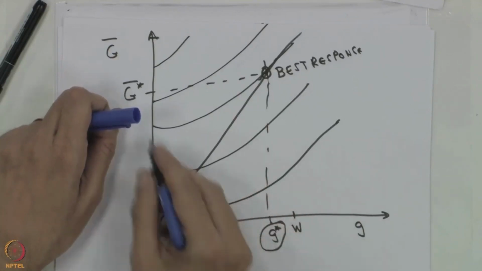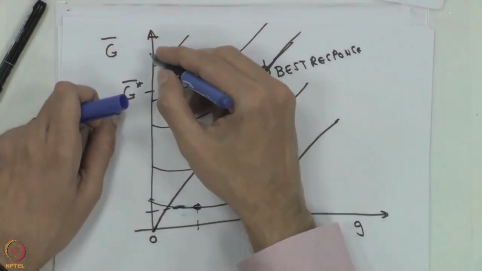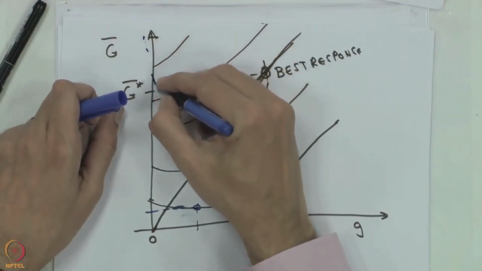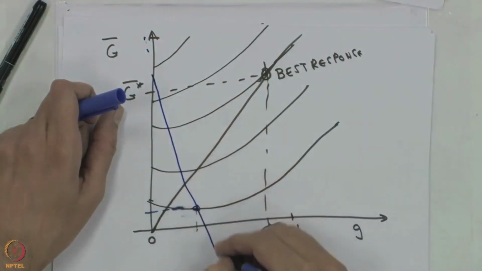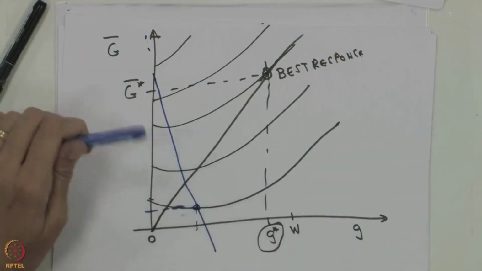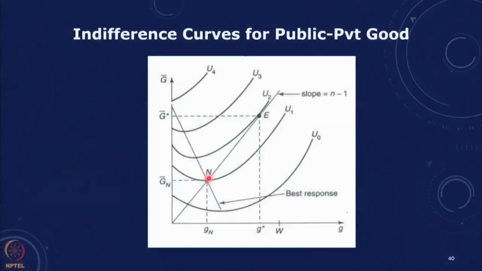So, accordingly, if you keep increasing, we get a best response line like this, which is shown here. That means take a fixed amount which is known, and then you pay for that. Given that others are paying that, what is the maximum utility that we can get by paying? We will pay Gn, and this is the maximum utility. And of course, if this quantity increases, this goes up.